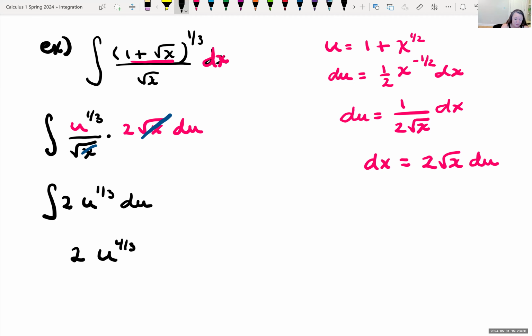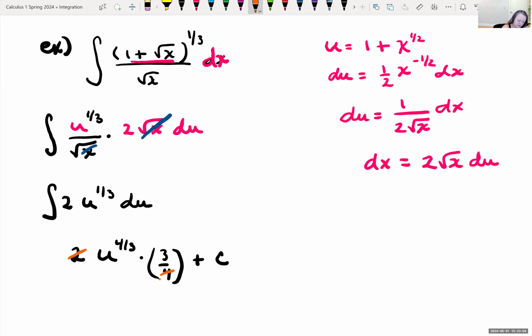If I'm dividing by my new exponent and it's a fraction, I always tend to just multiply by the reciprocal. So dividing by 4/3 would be the same thing as multiplying by 3/4, plus c.